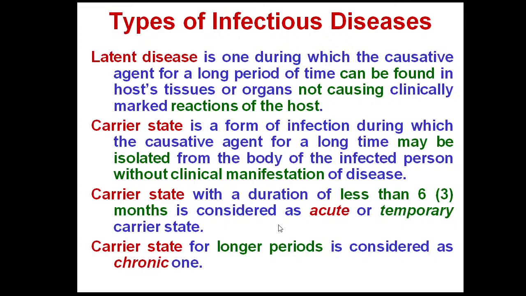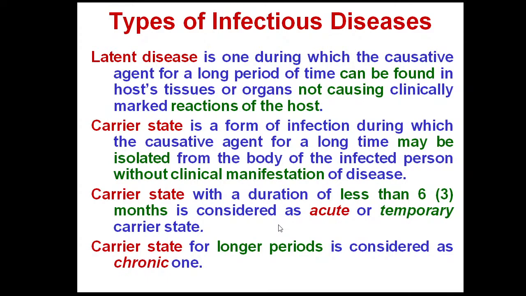So, it is important to understand what latent disease is. This is one during which the causative agent for a long period may not multiply in the body, and that's why it may not be found in the body, in organs or tissues.